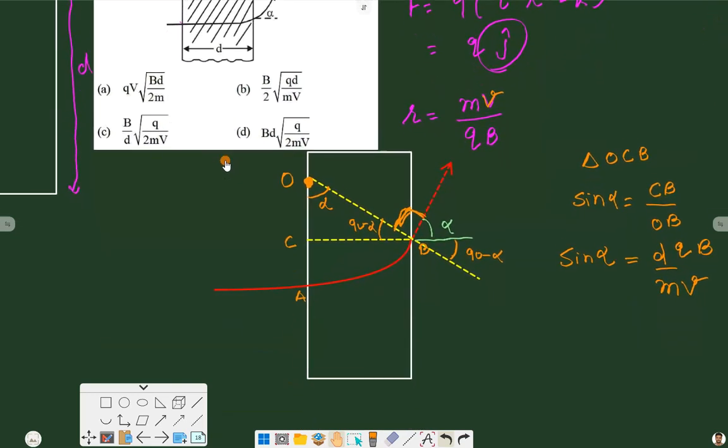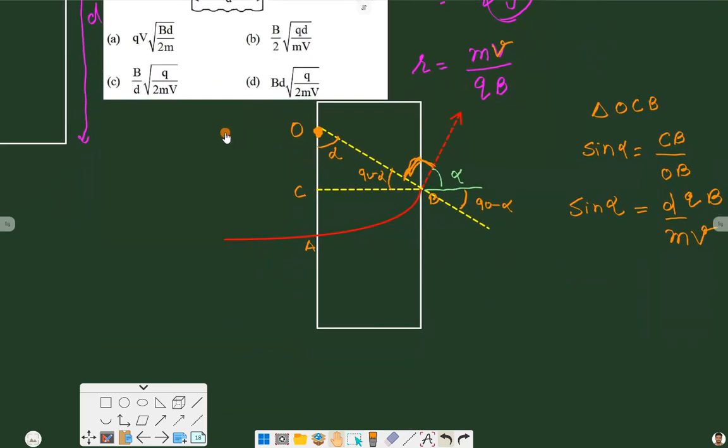So when we accelerate some charged particle with some potential, it acquires some energy, and that energy is equal to the kinetic energy, half mv square is equal to charge times the potential. Using this relation, we can find that the value of v is under root 2qV by m.